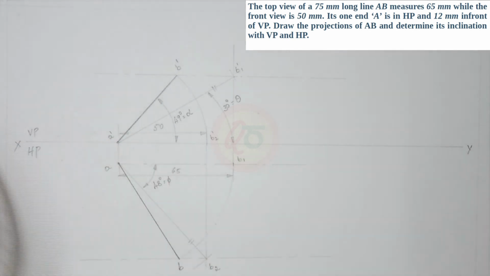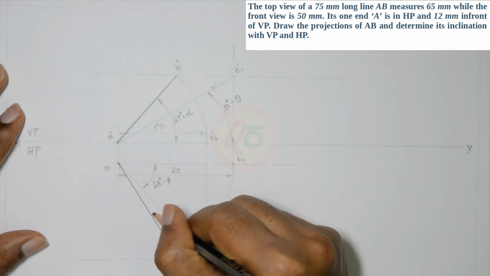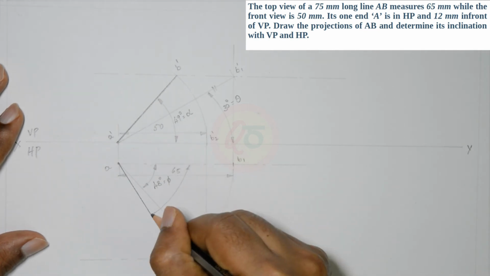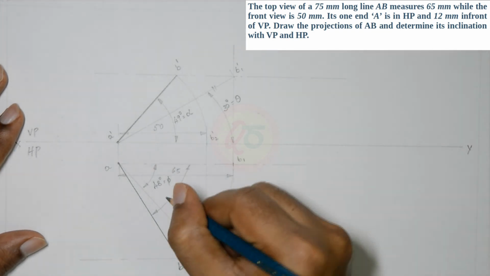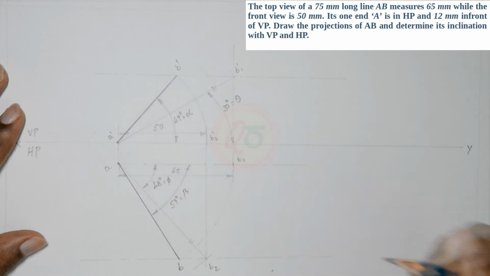Yeah. Beta is 59. This is 59 degrees, which is beta.